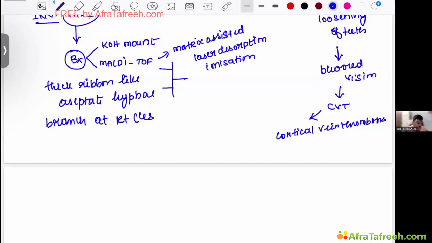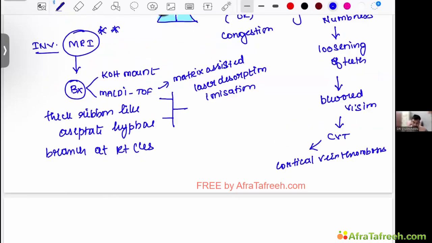This is a non-invasive procedure where you use laser desorption, which is going to pick up the presence of fungi. If the center has this available, then you can go for it. So this is about your mucormycosis investigation.